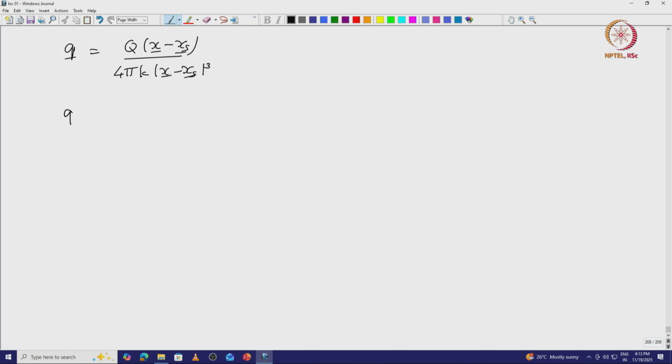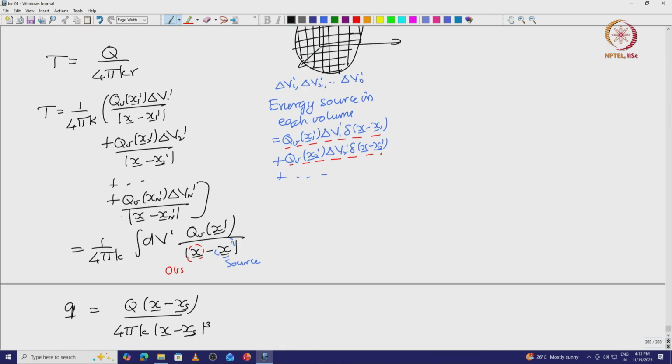For a distributed source, the expression is just q equal to integral dV prime q of x prime into x minus x prime by 4 pi k into the magnitude of x minus x prime, the whole cubed. So that is how you calculate the temperature field for a distributed source.